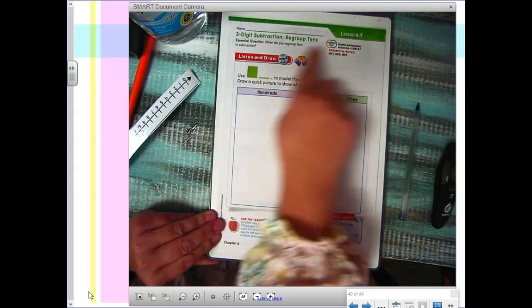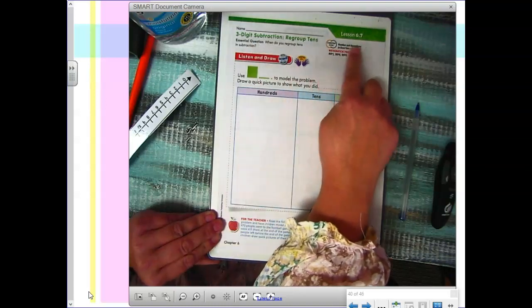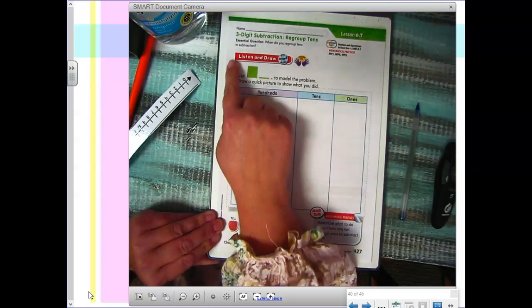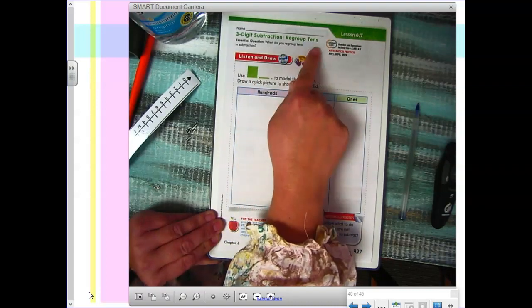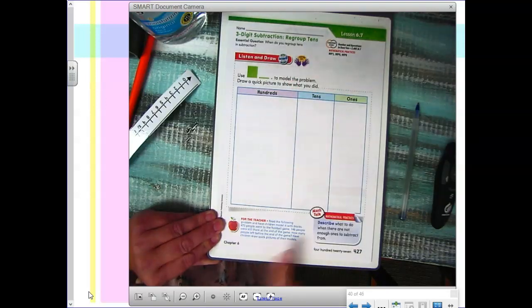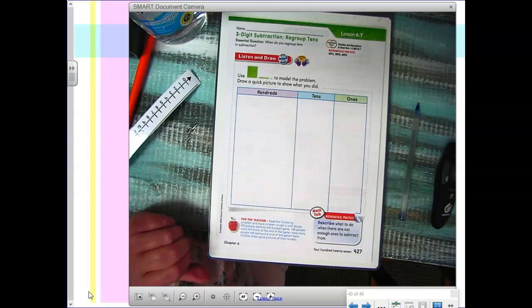You're going to flip until you find lesson 6.7. It says three-digit subtraction, regroup your tens. Page 427 at the bottom. So pause this lesson and find your page. When you're ready to get started, you can press play.